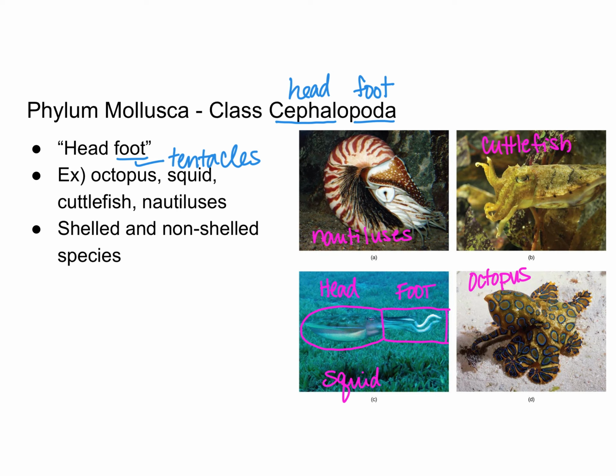Now, some of these organisms have shells. So the nautilus, for example, has a true shell to it. But the others, so the cuttlefish, octopus, and squid, they don't have a traditional shell like the other mollusks. They do have a remnant of a shell internally, which we'll talk about on the next couple slides.